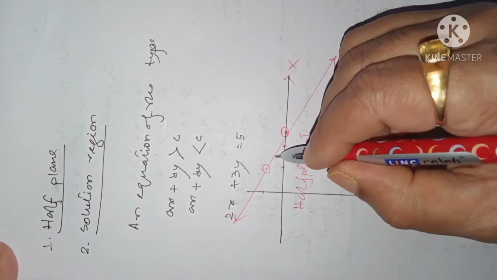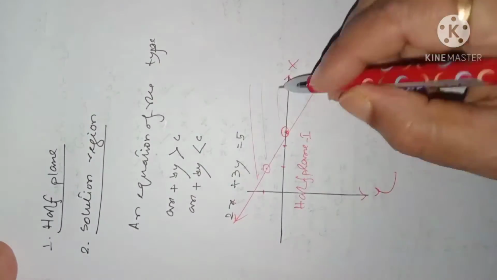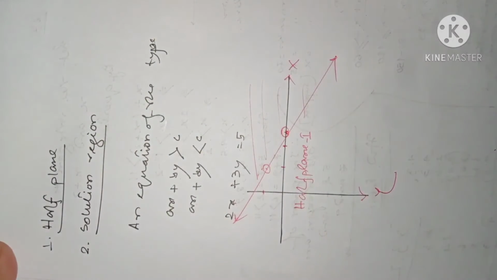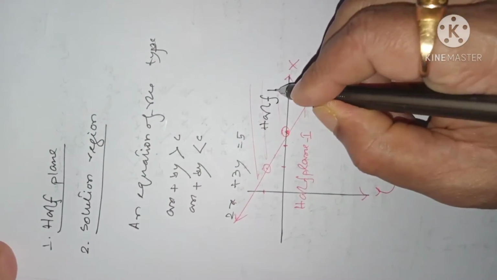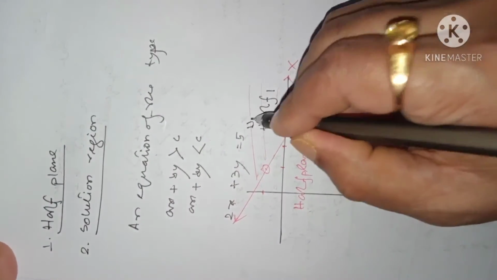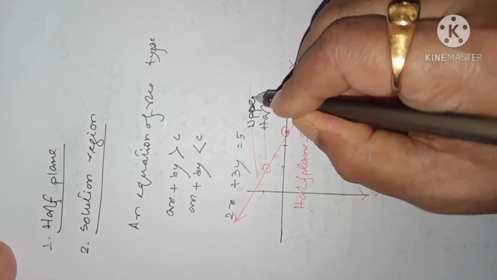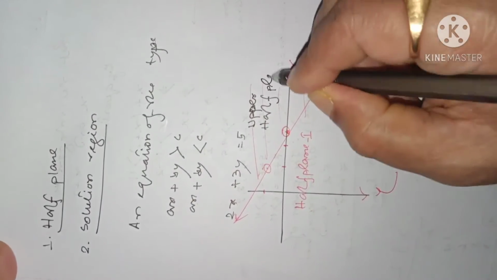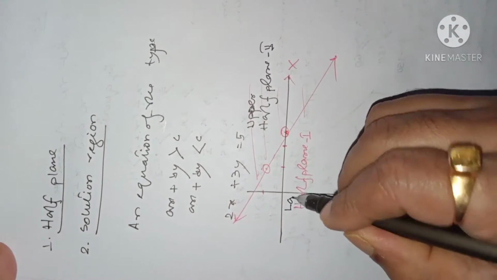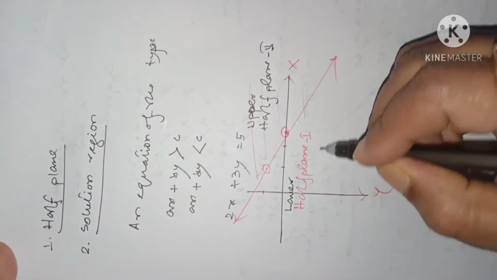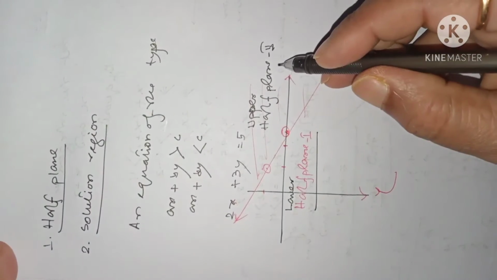The upper part of this straight line, this region, will be called half plane 2, the upper half plane.